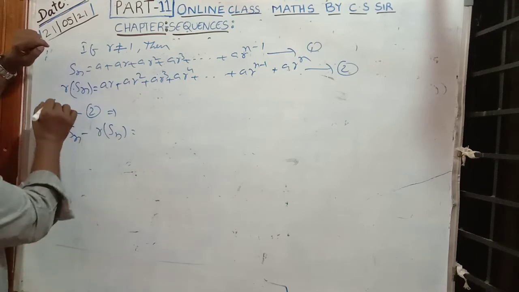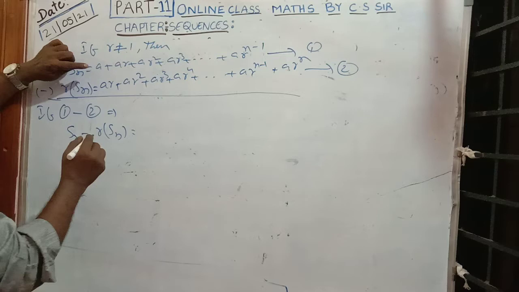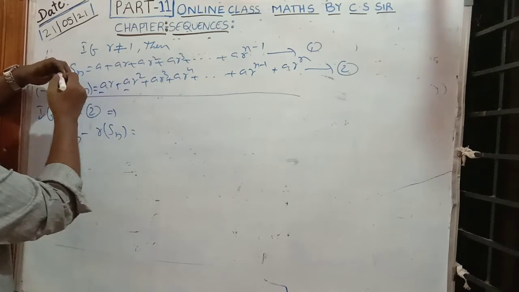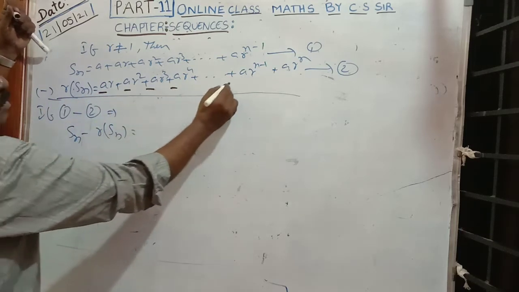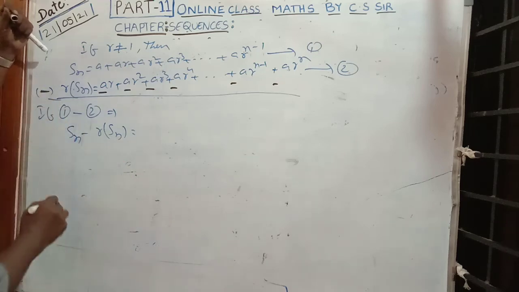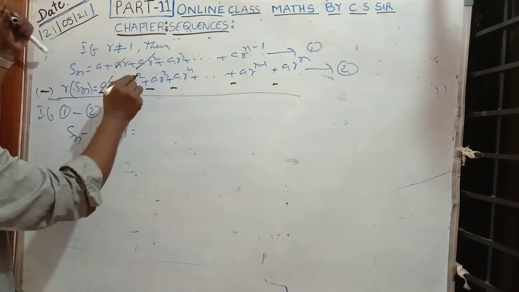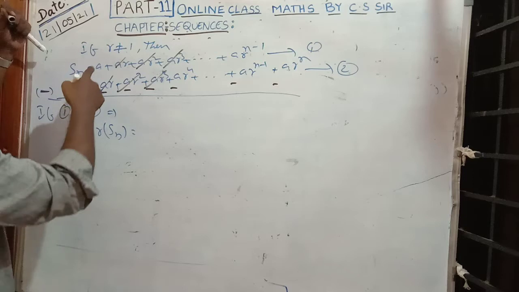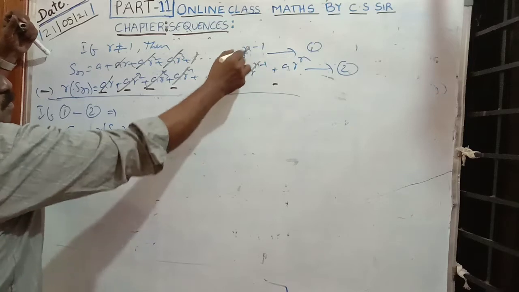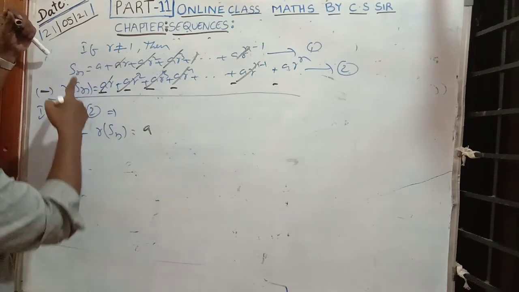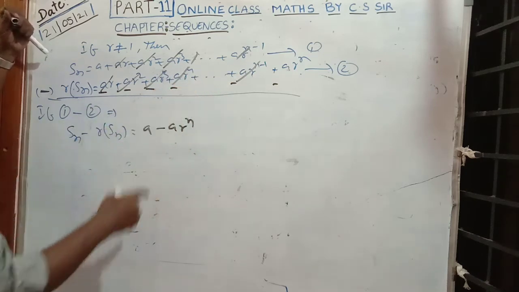We are subtracting 2 from 1, so all the terms in 2 get a minus sign. Then ar cancels, ar^2 cancels, ar^3 cancels, and so on. Only a remains above and -ar^n; the minus is there, don't forget.